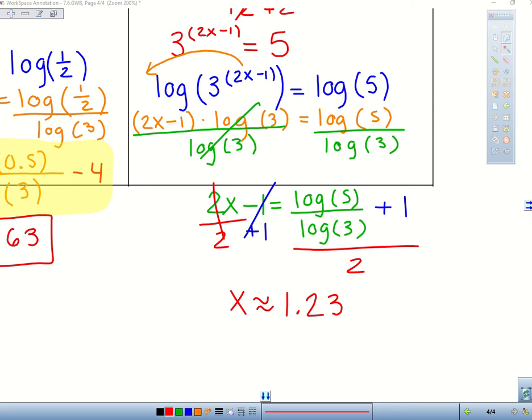Do you all get it? Alright, we'll do it one more time. You ready? Type in the 5 and hit the log button. Divided by 3 log button equals plus 1 equals divided by 2 equals. Questions? Alright.